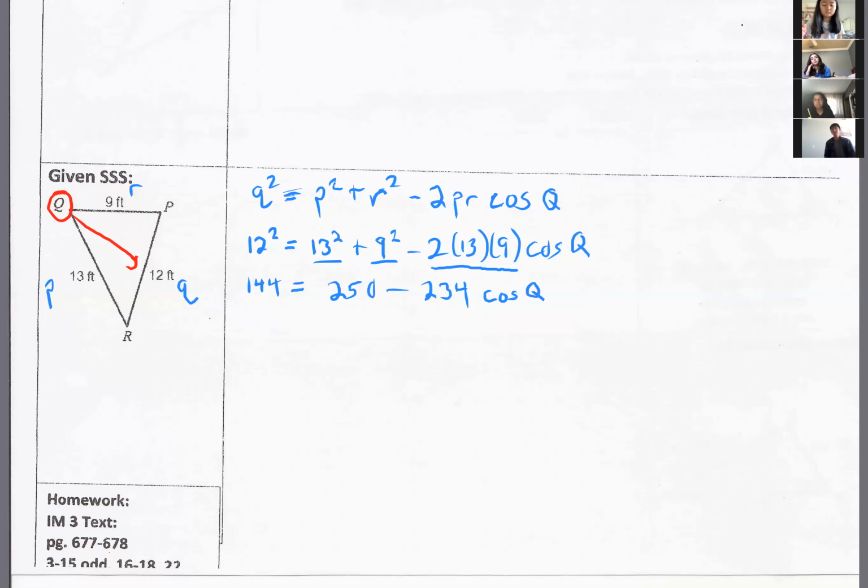So you keep it separate. You subtract 250 from both sides. When you do 144 minus 250, that's going to give you negative 106. And I have negative 234 cosine of Q. So I just subtracted 250 from the left and the right side.